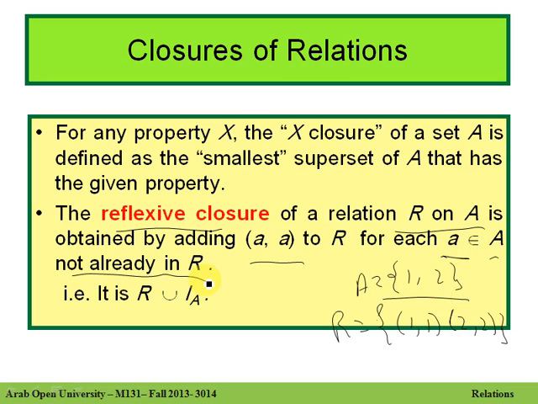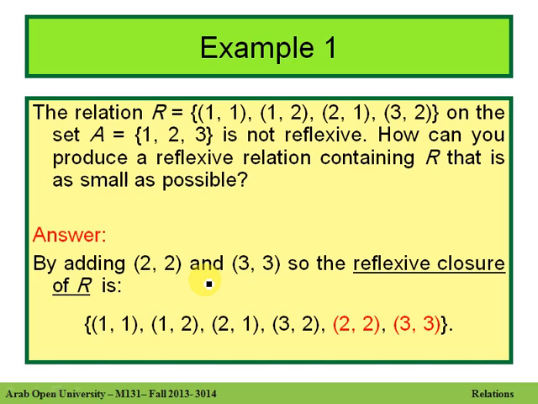So for example, let us take R as the relation 1 1, 1 2, 2 1, 3 2 on the set 1 2 3, and it is not reflexive. So how to make its reflexive closure? You make this relation reflexive by adding the elements which are missing.